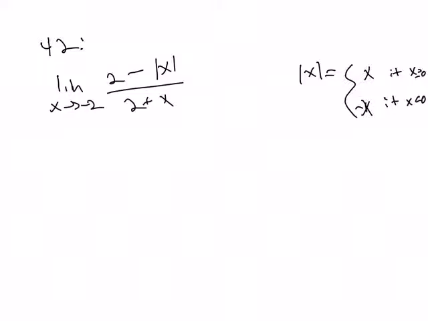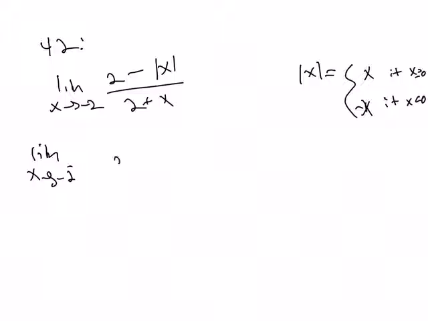So let's see the limit as x goes to negative 2 from the left. So x is going to negative 2 from the left, so x is less than 0.